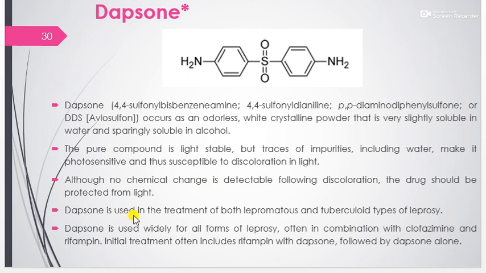Dapsone is used in the treatment of both lepromatous and tuberculoid types of leprosy. It is used widely for all forms of leprosy, often in combination with clofazimine and rifampin. Initial treatment often includes rifampin with dapsone followed by dapsone alone.